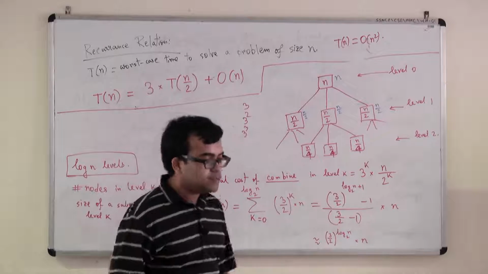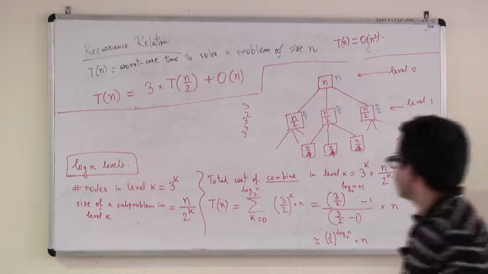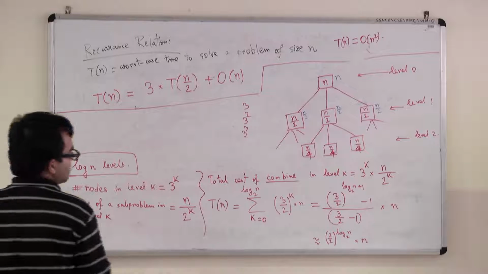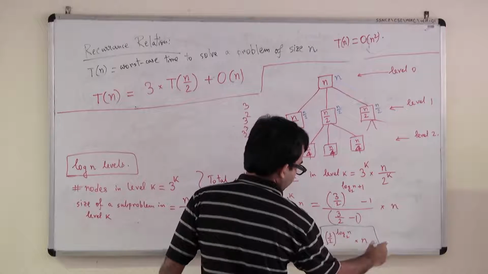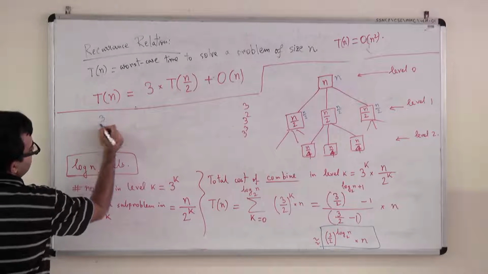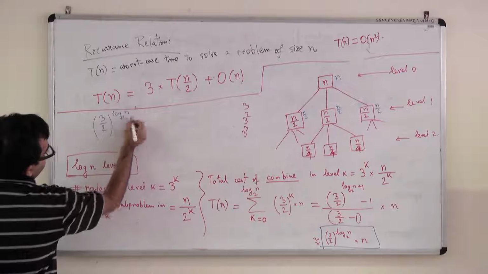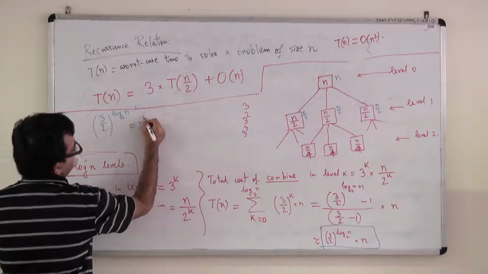Now what is this? Is this any improvement over n square? So this is our total cost, right? Let us say (3/2) to the power log n to the base 2 is something like n to the power t.